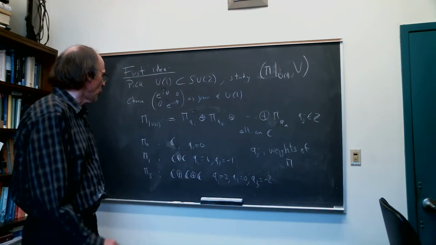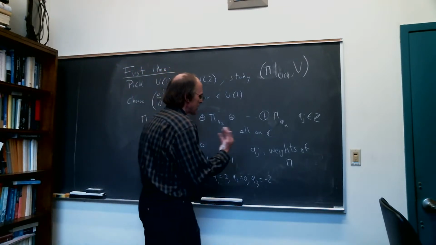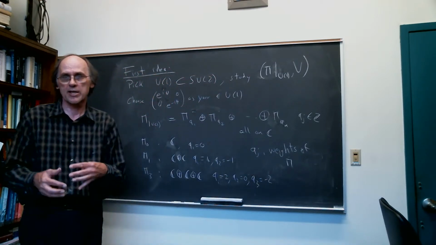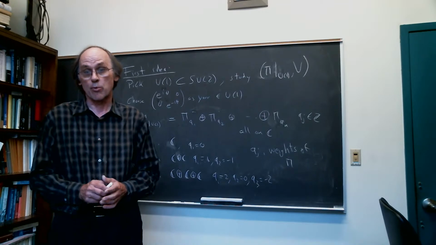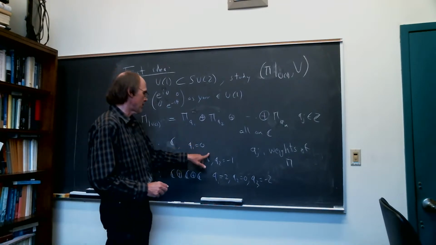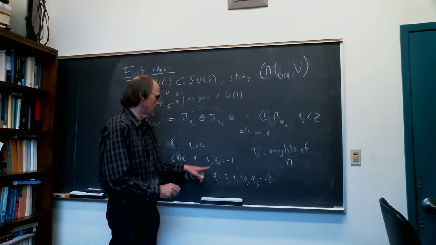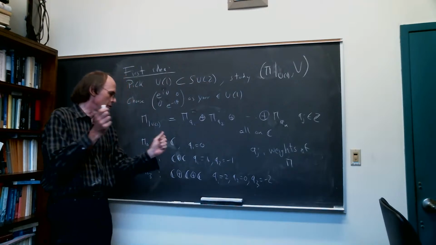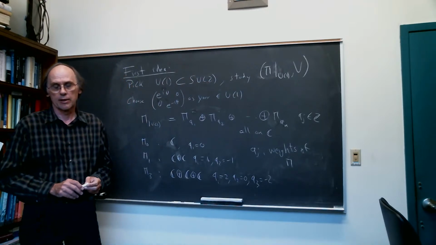So in some sense, one aspect of the problem is to ask what are the possible weights? What are the possible patterns of weights? And one thing you can see here is that the pattern is symmetric under interchange of sign of Qj.